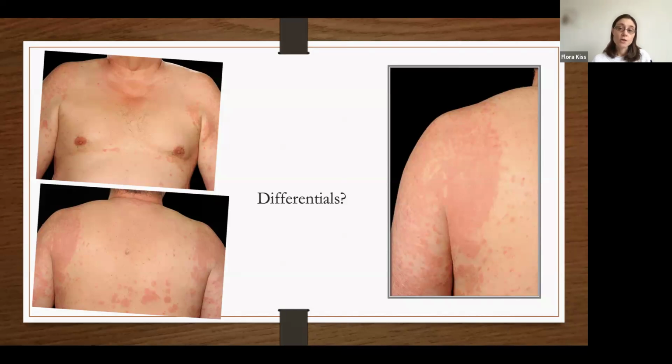Because in the literature, you'll find that there are some psoriasis patients who are photosensitive, whose rash is aggravated by sunlight.